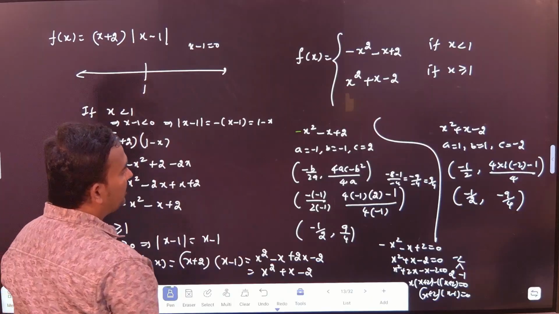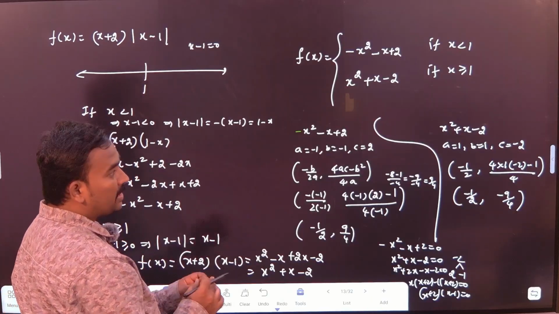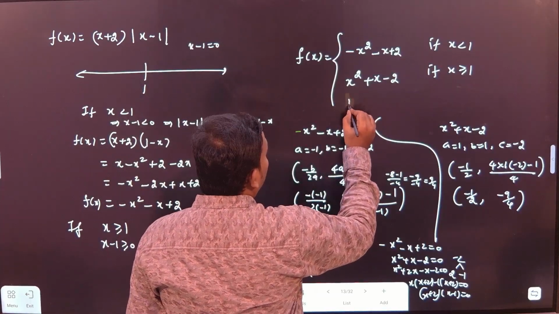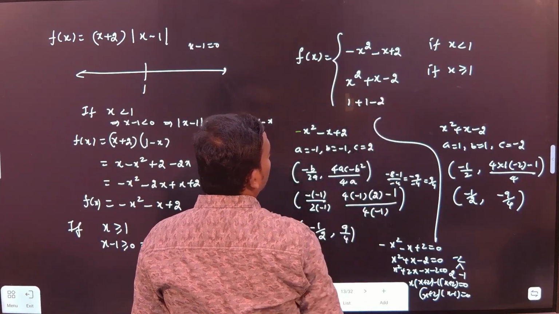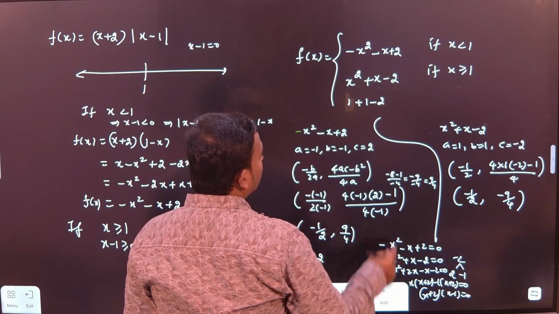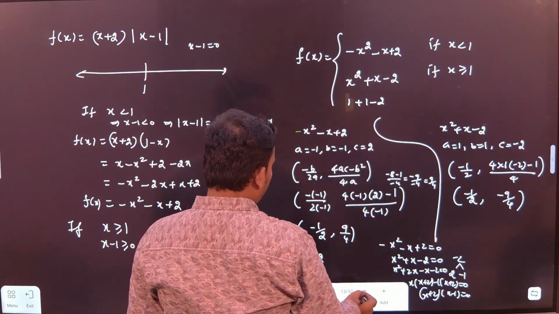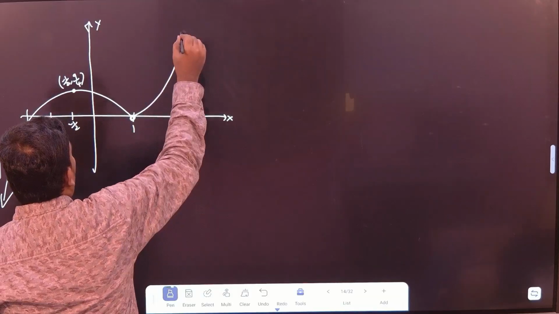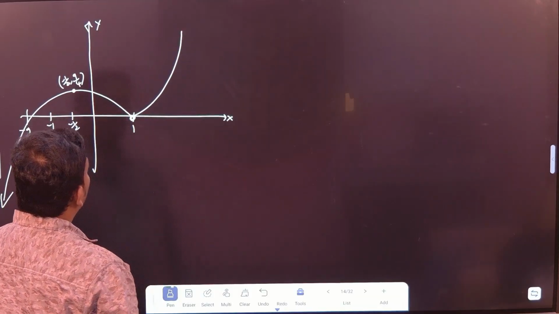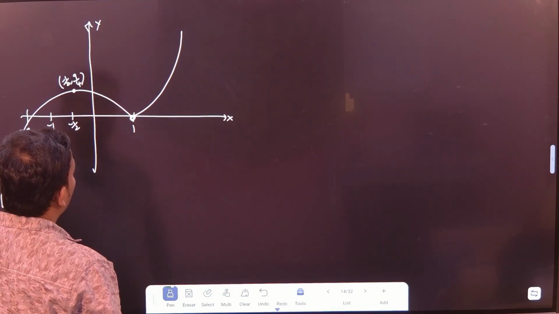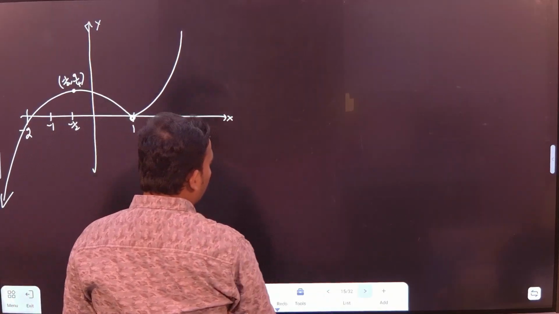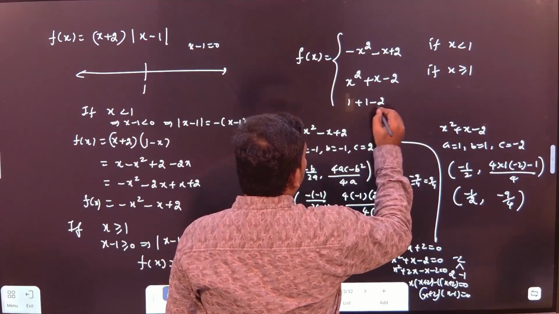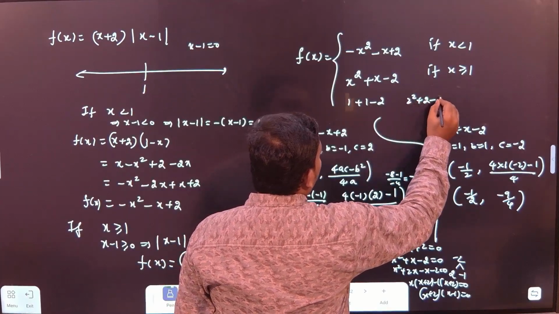Okay, then you can see the next one, x square plus x minus 2. So when you take x more than 1, if I put 1 here, what is the value? 1 plus 1 minus 2. If you put 1 here it is 0, right? So definitely it will be going like this, right? Correct? So more than 1. Suppose if I take 2, what is it if you put it here? 2 square plus 2 minus 2, it is 4.